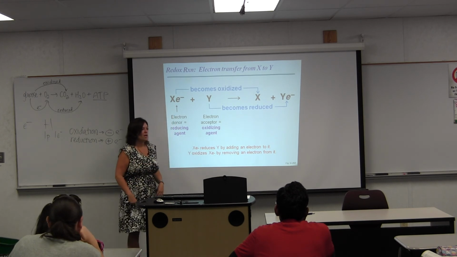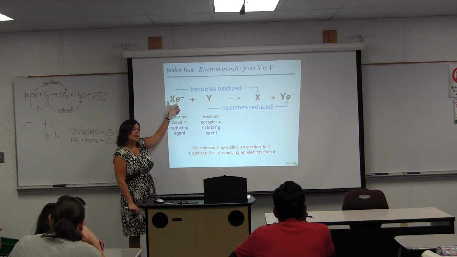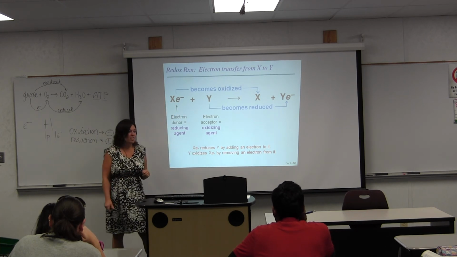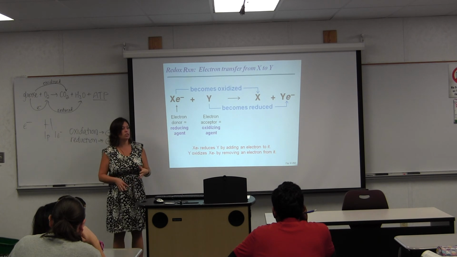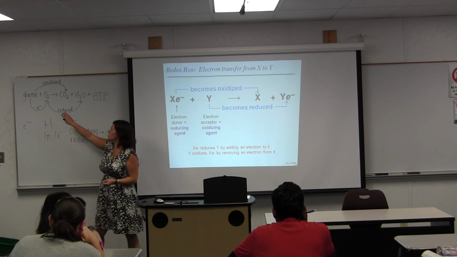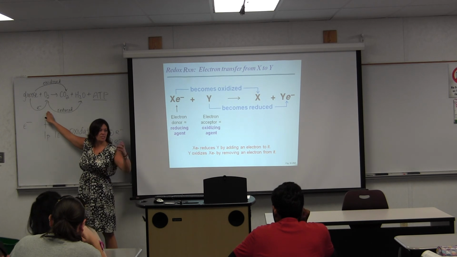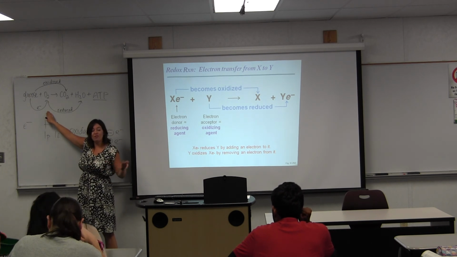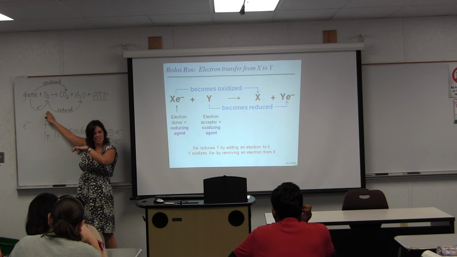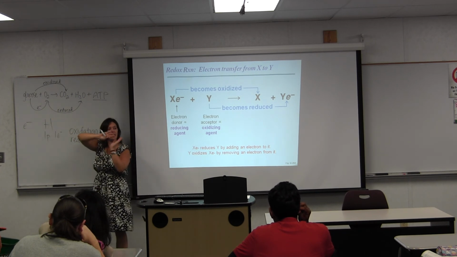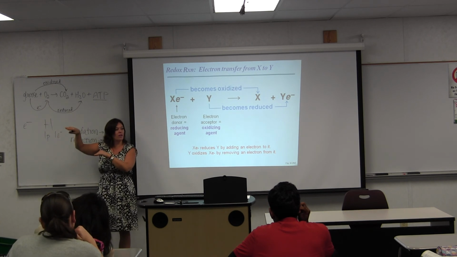Glucose is the reducing agent. Yeah, exactly, in this case glucose is going to be the reducing agent because it's the one donating the electrons. So glucose is going to reduce oxygen, but glucose itself is becoming oxidized. But it's acting as the reducing agent because it's the one giving its electrons away.